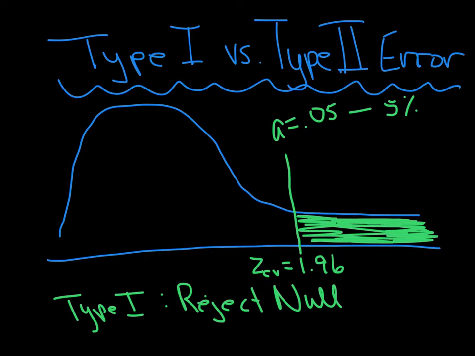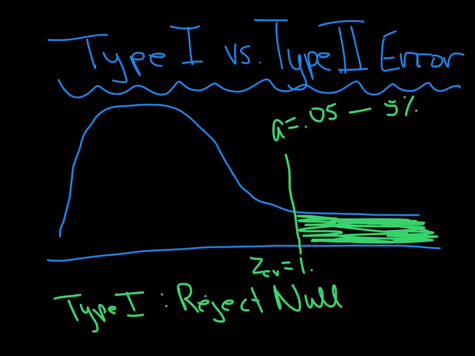We want to make sure that we are accounting for all 5% being in that one tail. So when I look up 0.05, it's actually 1.64. So remember, it changes. We automatically think, oh, 1.96, but that would be for a two-tail test.